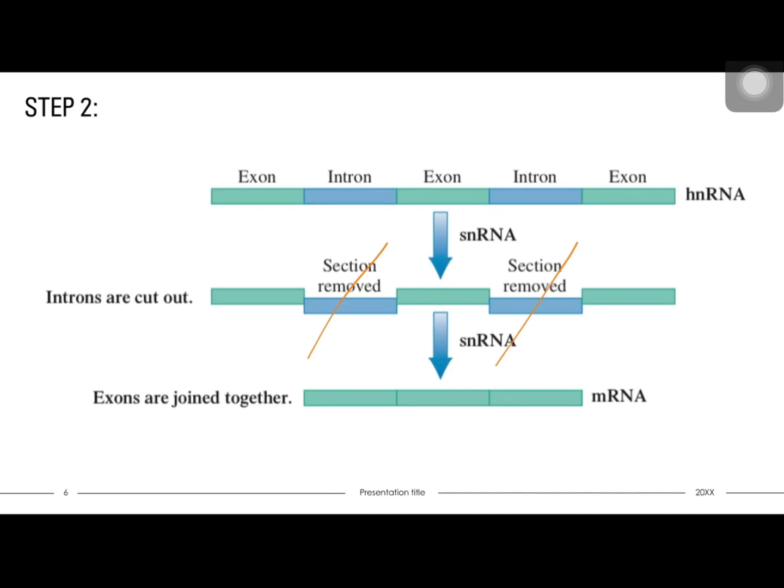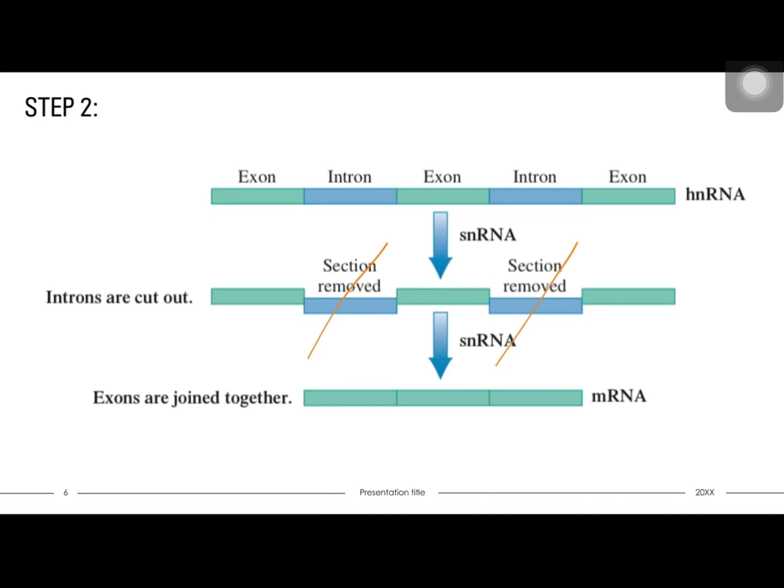hnRNA contains exons and introns. Introns do not convey genetic information, so they are not needed in our protein synthesis because they will only interrupt the genetic message.